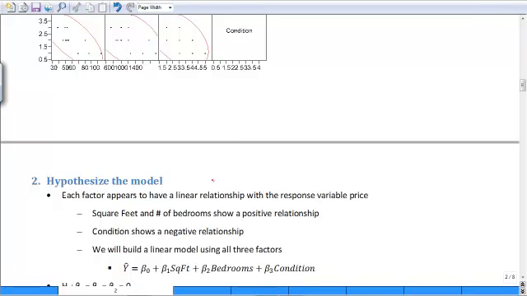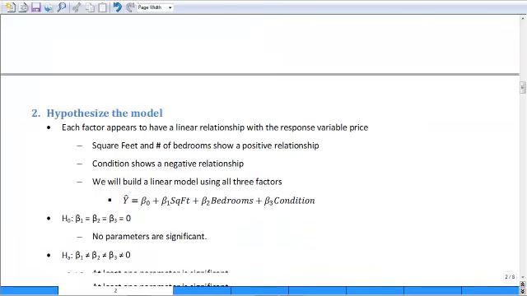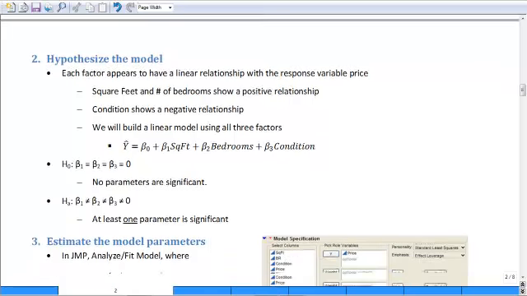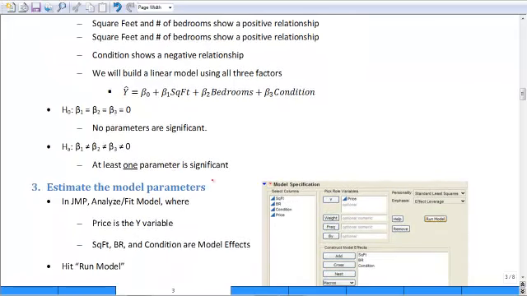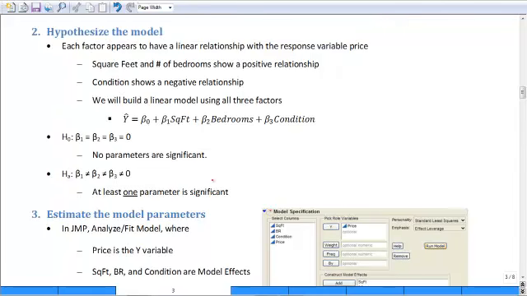In step 2, we hypothesize a model. We'll start by building a model that has all the factors in it, and we'll go ahead and use that. We won't bounce back and forth between different models in this particular video. Under step 2, the null hypothesis is that y is equal to y bar, and in that situation all of our parameter estimates are going to be 0.